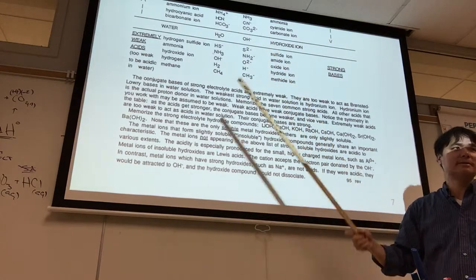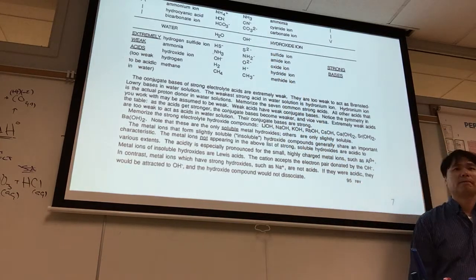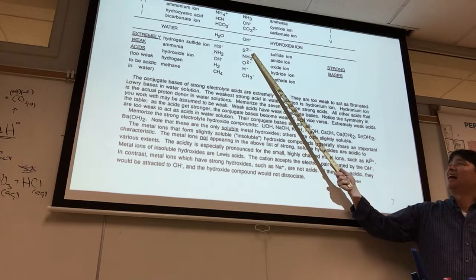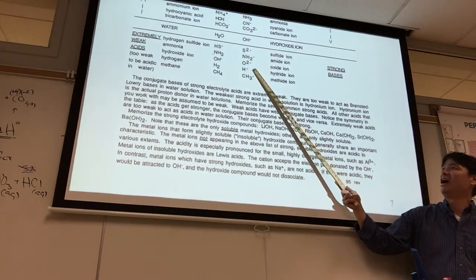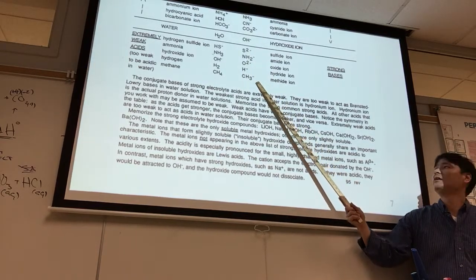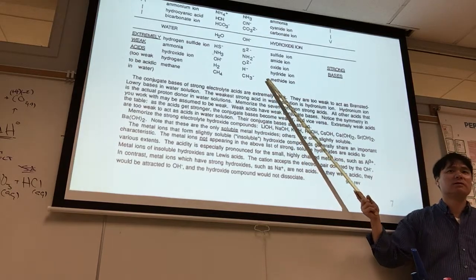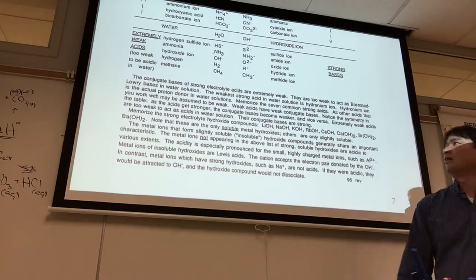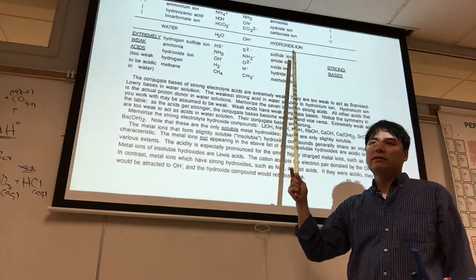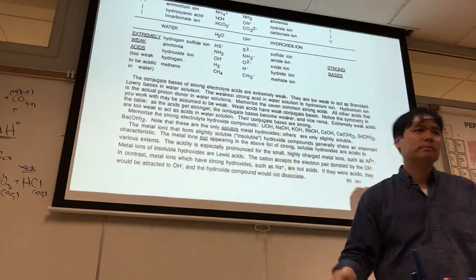What are the stronger bases than hydroxide? Sulfide, amide, oxide, hydride, methide. These are all more powerful than hydroxide. These are the strong bases. Like the leveling effect for strong acids, there's a leveling effect for strong bases.